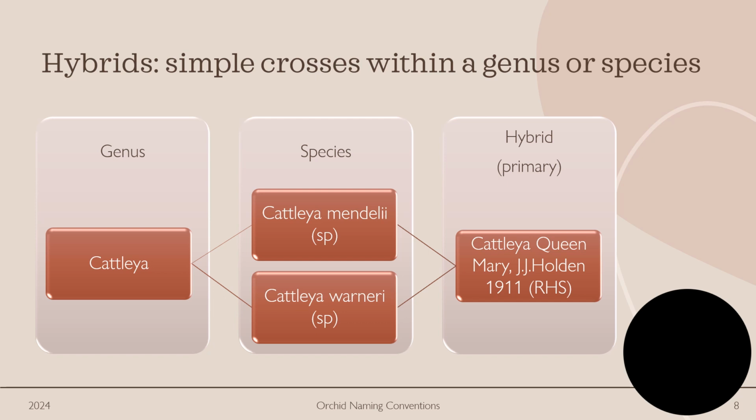To have a hybrid name officially recognised, it has to be registered with the RHS. I do believe as well that the American Orchid Society has a listing as well. But that's an example of a hybrid, a simple cross within a genus, or within species.